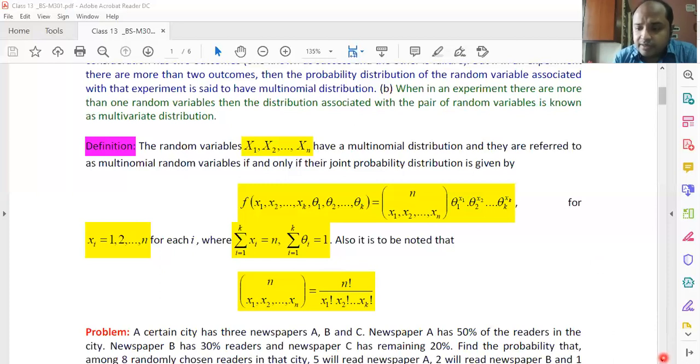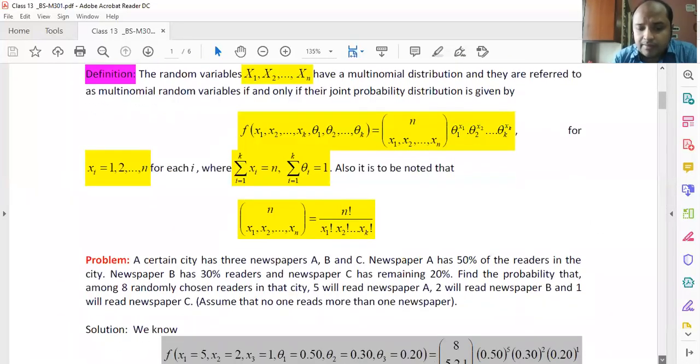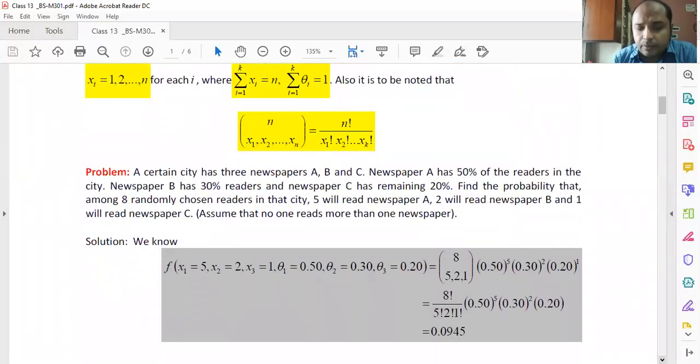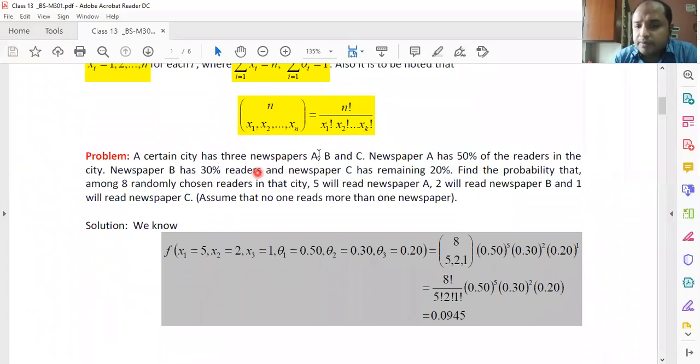Let me solve a very simple problem. Suppose a certain city has three newspapers, A, B, and C. Newspaper A has 50% of the readers in the city, newspaper B has 30% of the readers, and newspaper C has the remaining 20%.